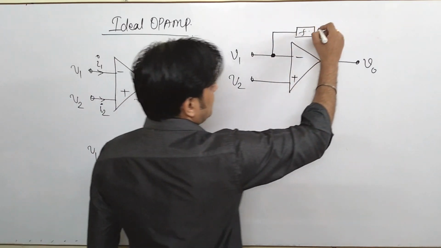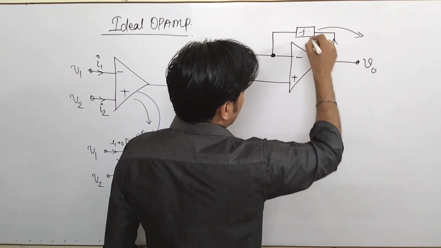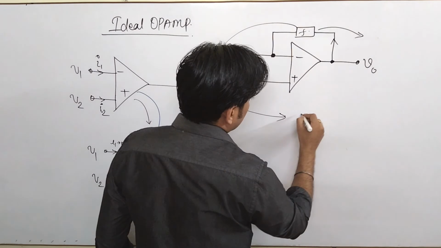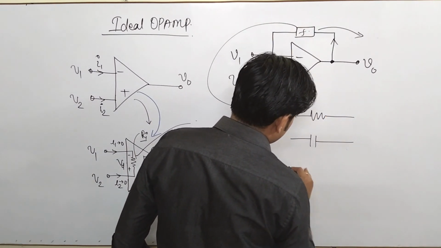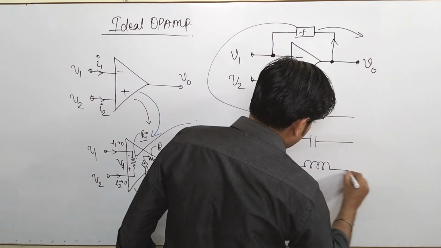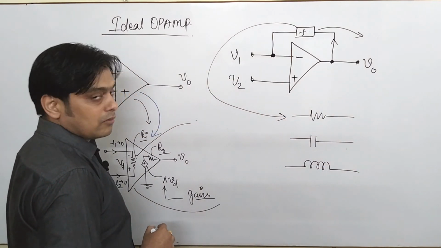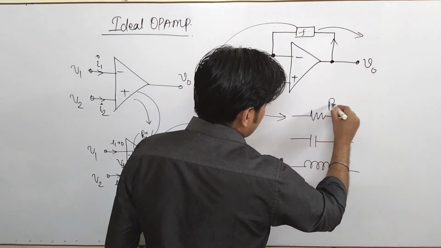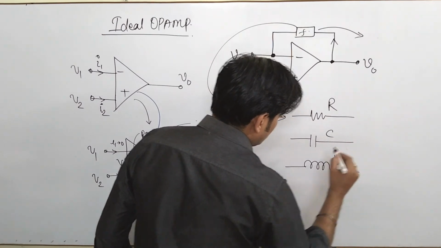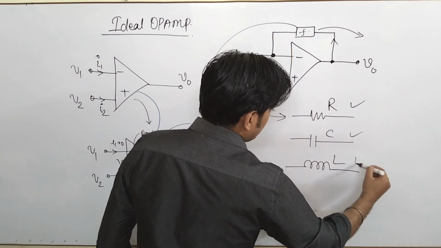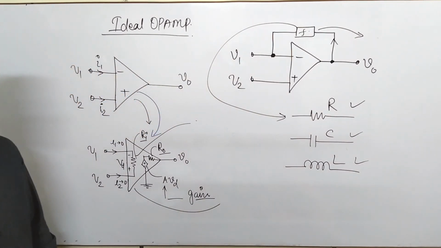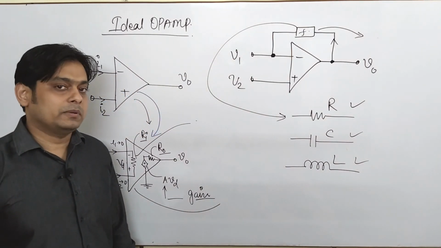Now feedback is in the form of our basic three elements: one is resistance, another one is capacitor, another one is inductor. Either resistor, capacitor or inductor, and when these are added in the form of feedback, the amplifier performs different types of operation.